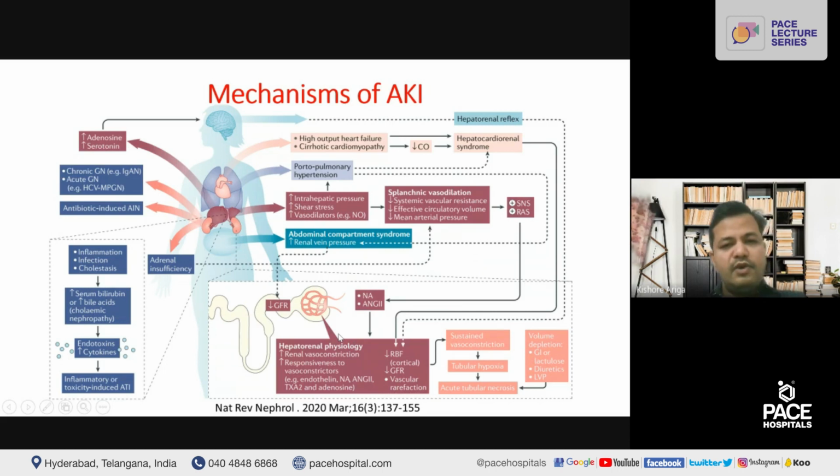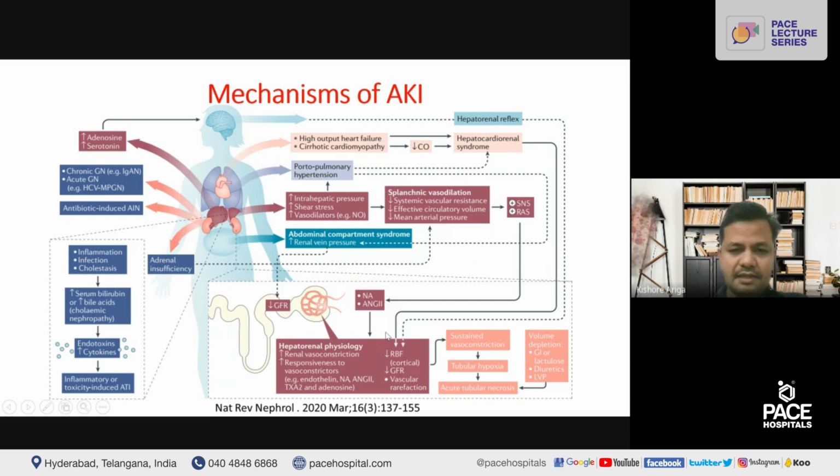And one more important factor in these patients is the inflammation part. These patients will have translocation of bacteria from the intestinal wall that will lead to inflammation. Inflammation will also cause a release of vasodilators. So these are the two important factors in the pathophysiology of the hepatorenal syndrome.